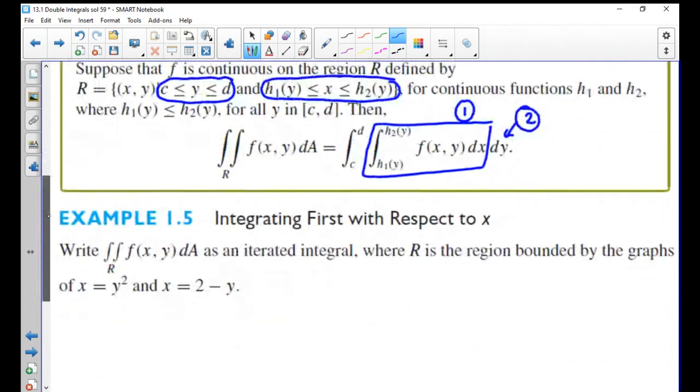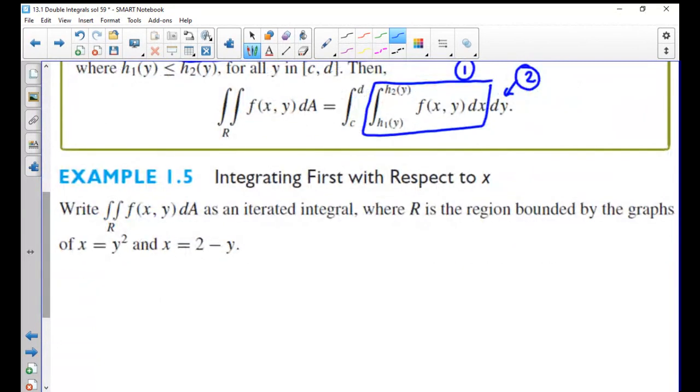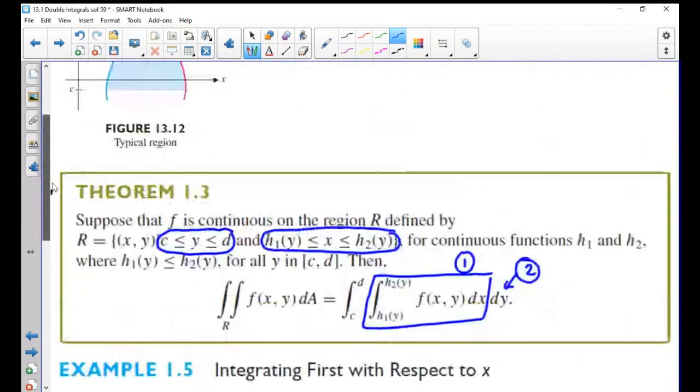So let's see how it works here. By the way, let me just check.